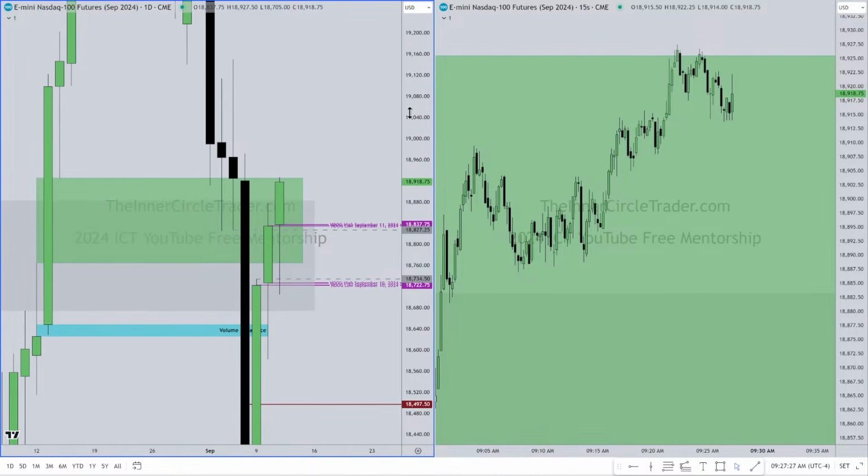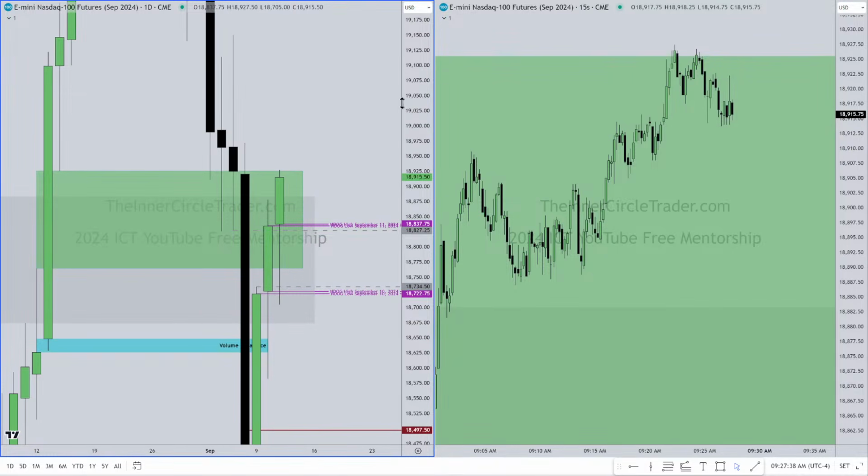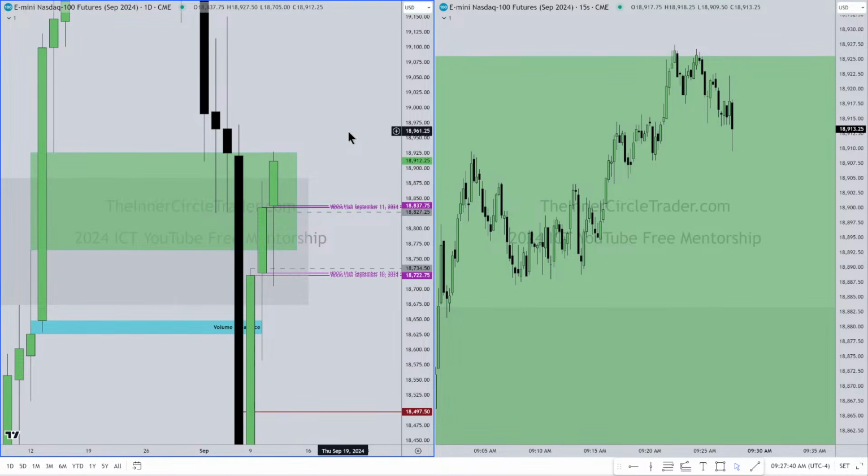You see that separation between these two bodies, these candles respectively. That's that reprice right into that. Now I want to see if they want to make that area a little bit more jagged, or if they're just going to be content with leaving it just as it is here.